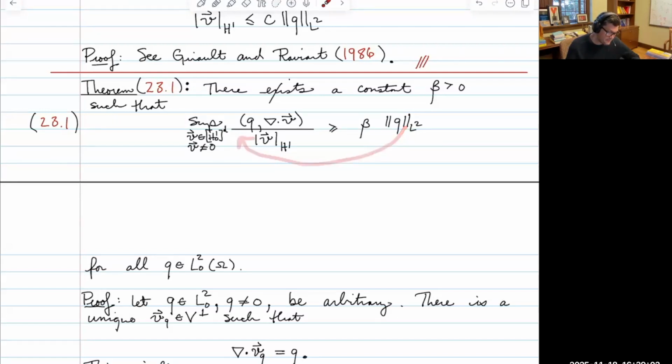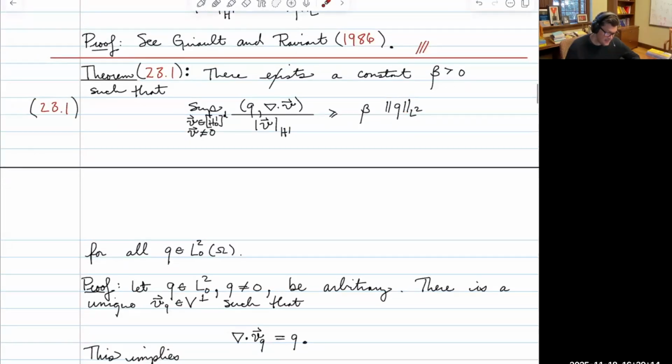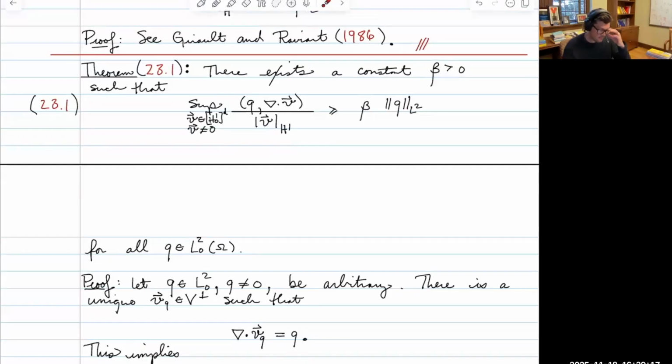And then we get a bunch of this supremum with this object, which is greater than beta. So what is that saying? Let me write that intermediate form.